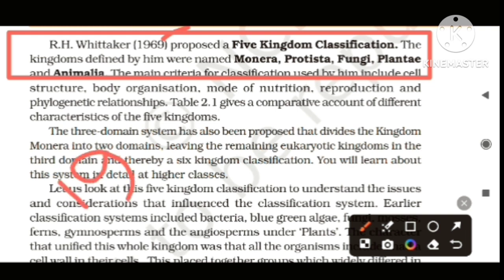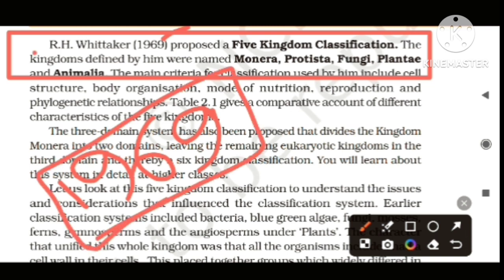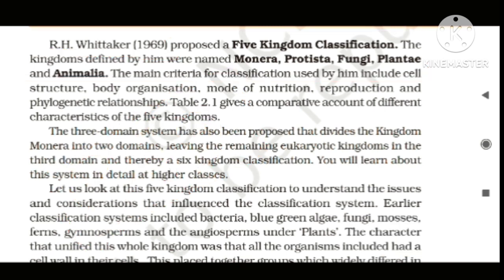So sorry, it was 1969. I heard about 1965, but it is 1969. Please remember that, and the scientist was R.H. Whittaker. Nowadays we are using this classification only.